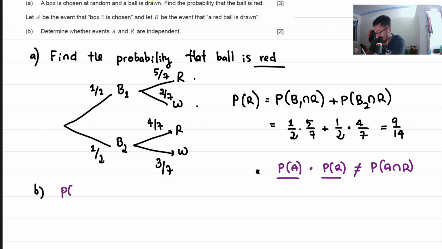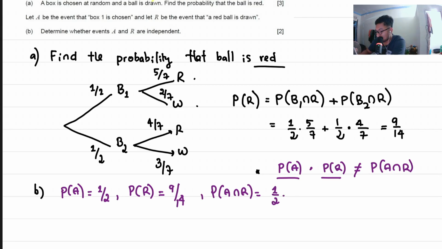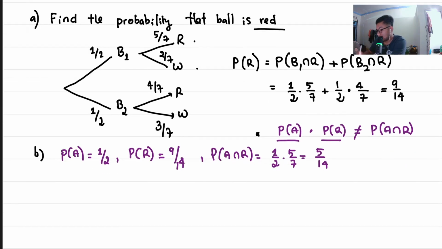So PA equals 1/2, and PR equals 9/14, right? And P of A and R equals what? 1/2 times 5/7, am I right? Which means 5/14, I'm sorry.